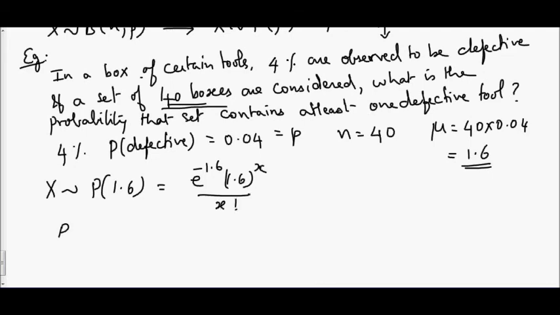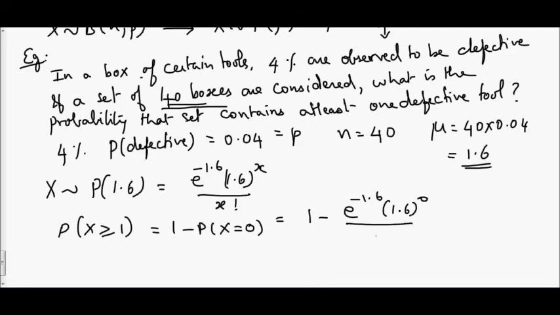Now the question is at least 1, that means greater than or equal to 1, which is 1 minus P(X = 0), as we have done before. That is 1 minus e to the power of minus 1.6 times 1.6 to the power of 0 divided by 0 factorial, which is 1 minus e to the power of negative 1.6. So this is how we change a binomial distribution to a Poisson distribution.